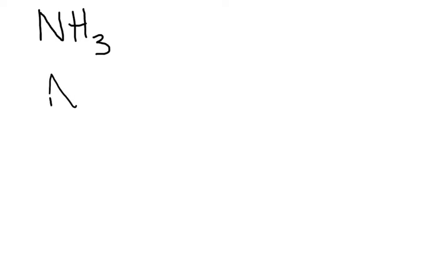For nitrogen, none of those rules pertain to nitrogen, but we know that there are rules that pertain to hydrogen, so we're going to start with hydrogen. If hydrogen is bonded to a nonmetal, the oxidation number is going to be +1. The algebraic sum of the oxidation numbers has to equal 0 for a compound.